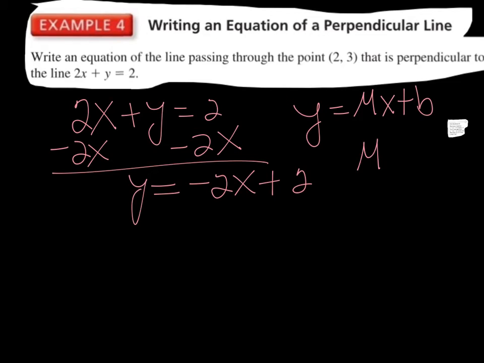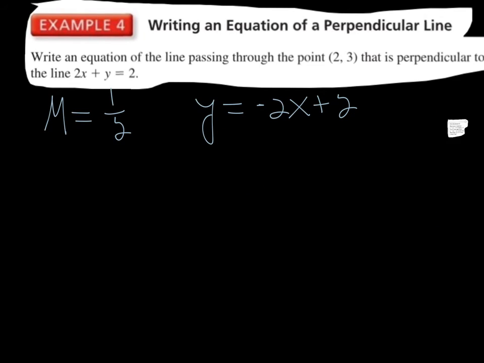The slope of this is negative 2. Now, I want to find a perpendicular line. So the slope of my new line has to be the opposite reciprocal of negative 2. Well, what's the opposite? It will be positive. What's the reciprocal of 2? 1 over 2.